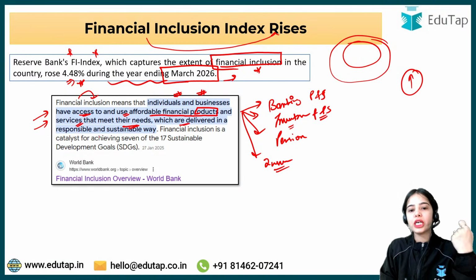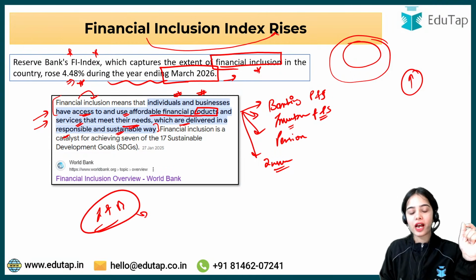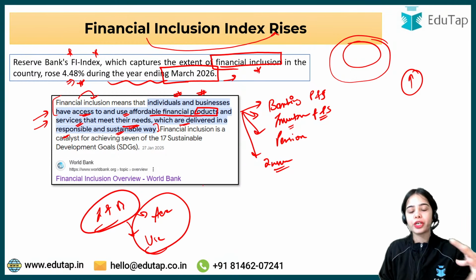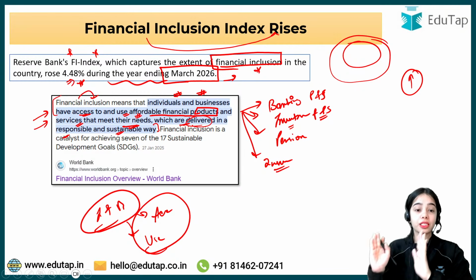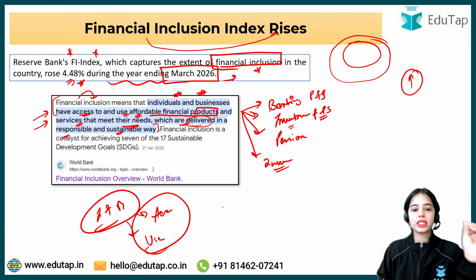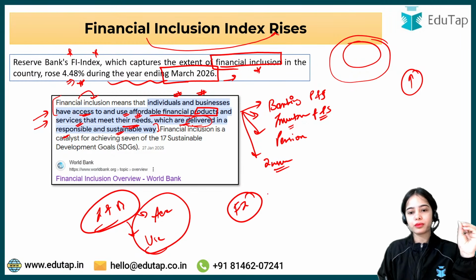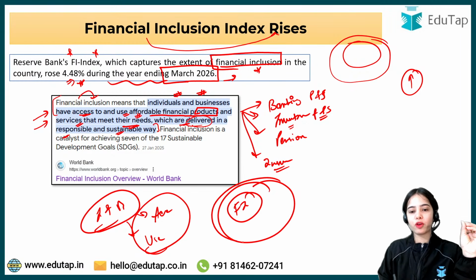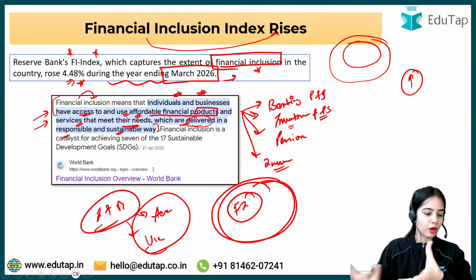These products and services should be delivered in a responsible and sustainable way. So this is financial inclusion, involving the individuals and the businesses in the financial system of our country.